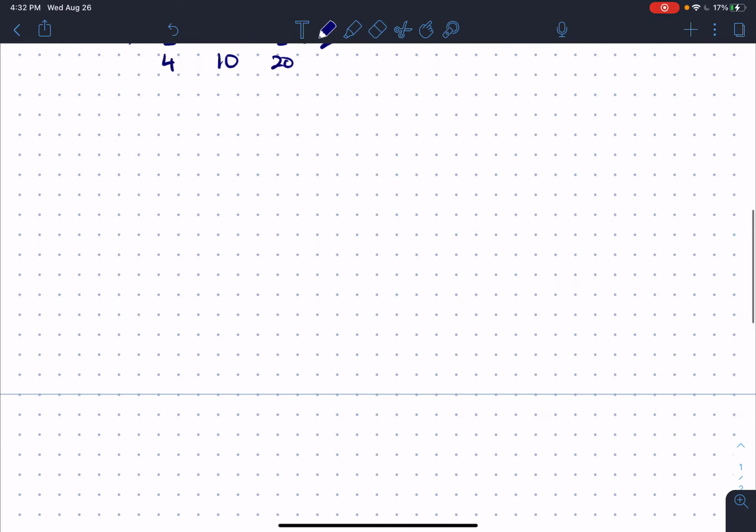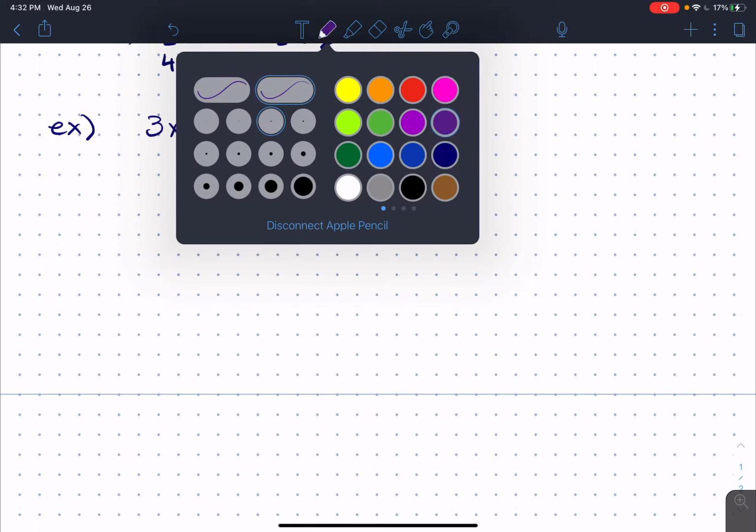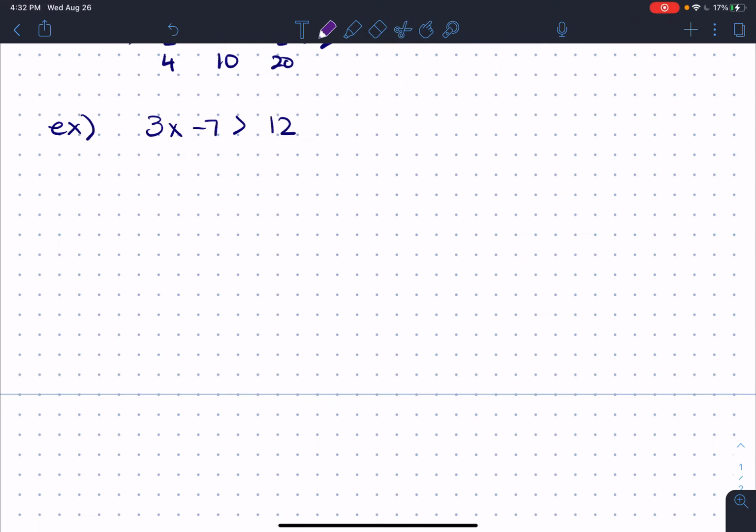Just going to do a really basic example just to remind you. Let's do 3x minus 7 is greater than 12. So the nice thing is, when you're solving these, it's just like solving an equation. So you add 7 onto both sides, you divide by 3, and there's your answer.